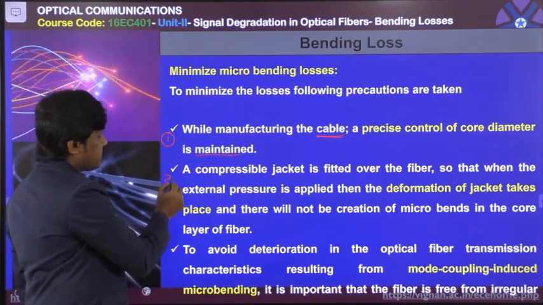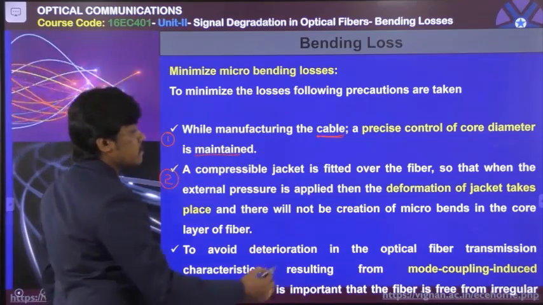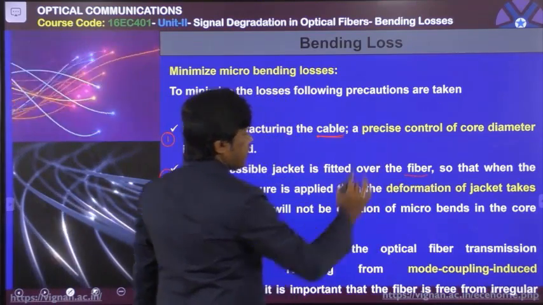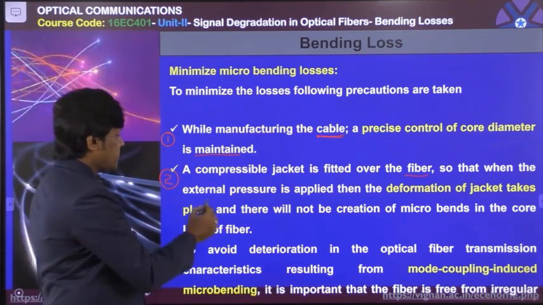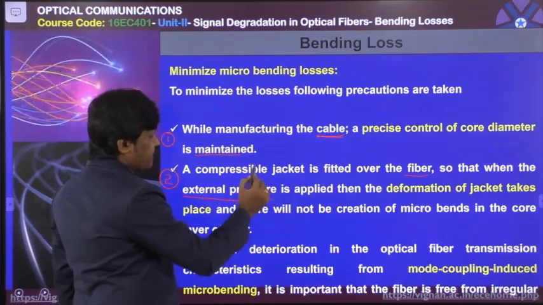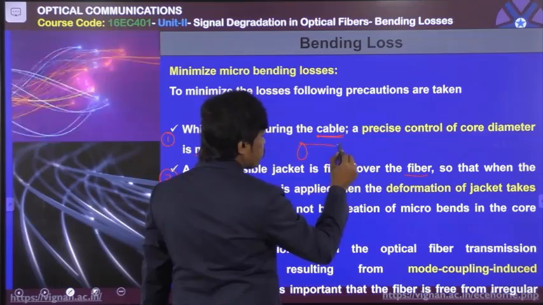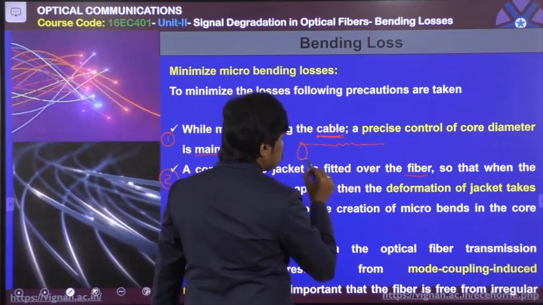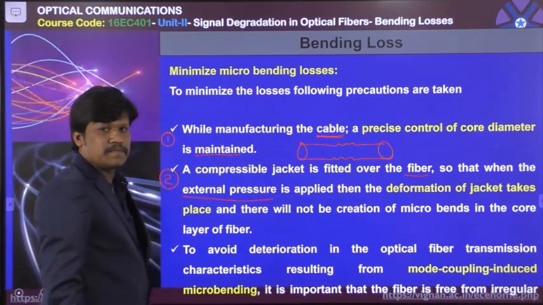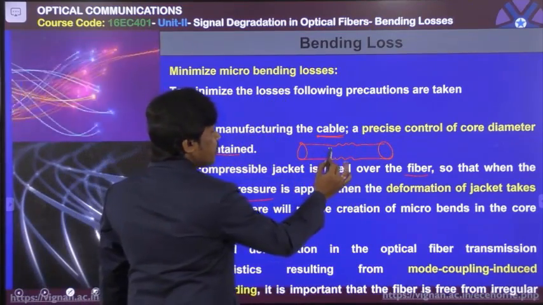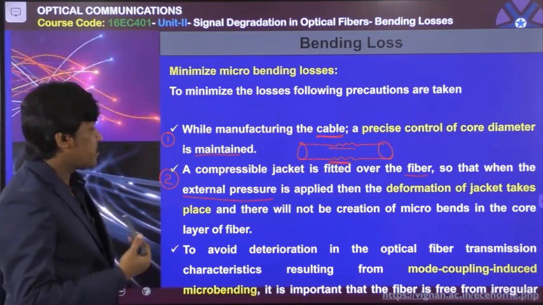And the second one is, a compressible jacket is fitted over the optical fiber cable so that when external pressure is applied, there will be a chance of microscopic bending.